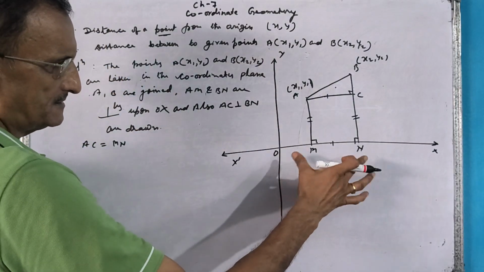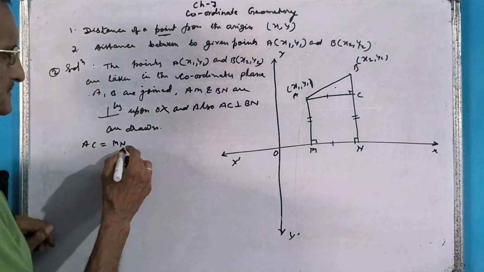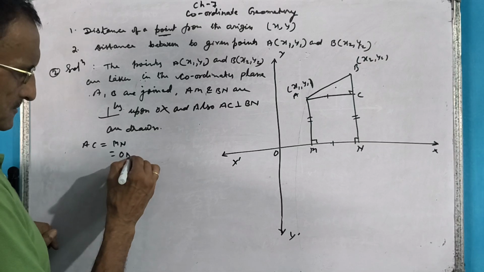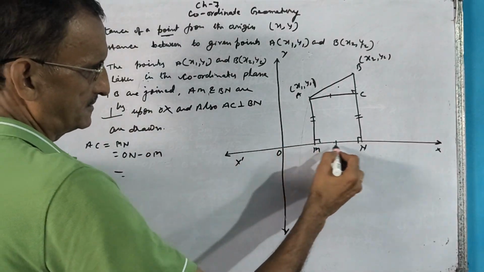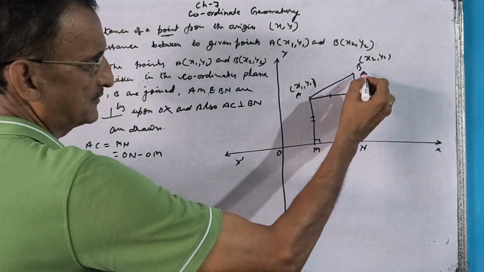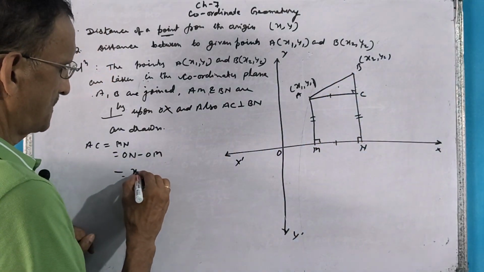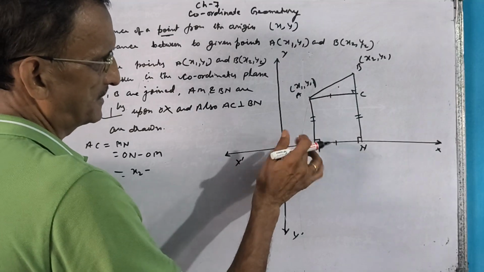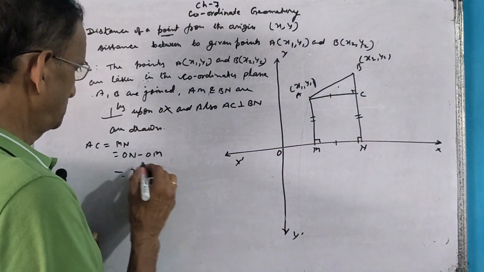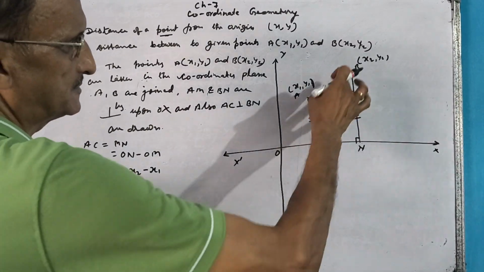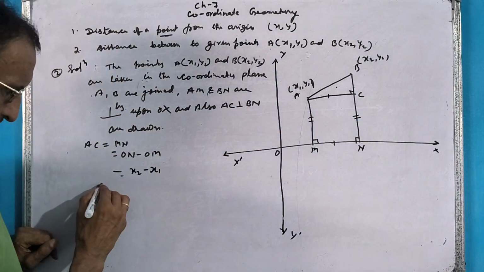And what is MN? ON minus OM. What is ON? Abscissa of the point B, which is x2. And what is OM? Abscissa of the point A, that is x1. So we have got AC. Okay, now we will find BC.